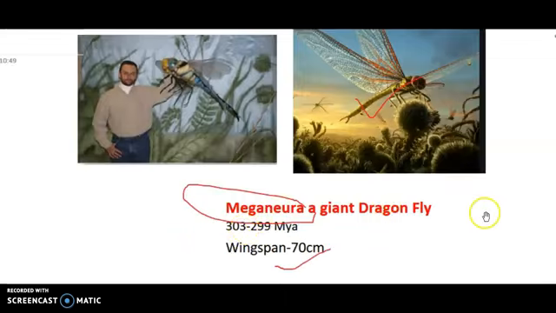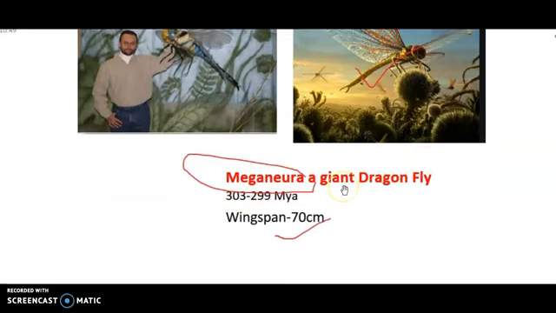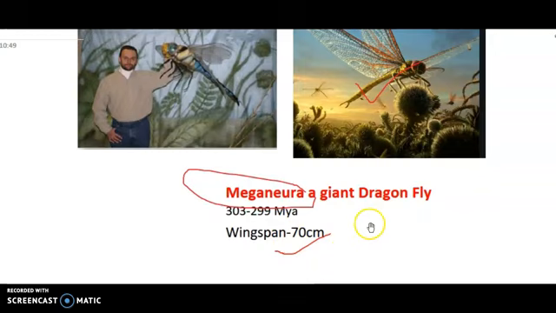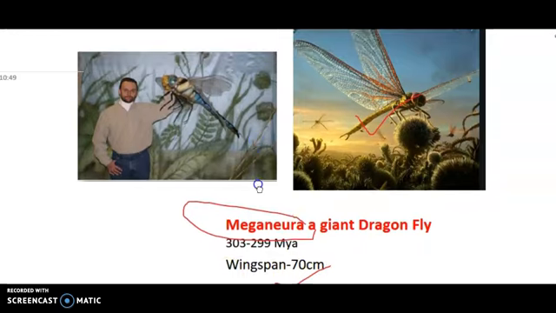Now let's talk about some major life forms that were present during the Carboniferous period. So this creature you see here is the Meganeura. Meganeura was a giant dragonfly, and it was a huge insect. It had a wingspan of 70 centimeters, and you can see its size compared to a modern man.